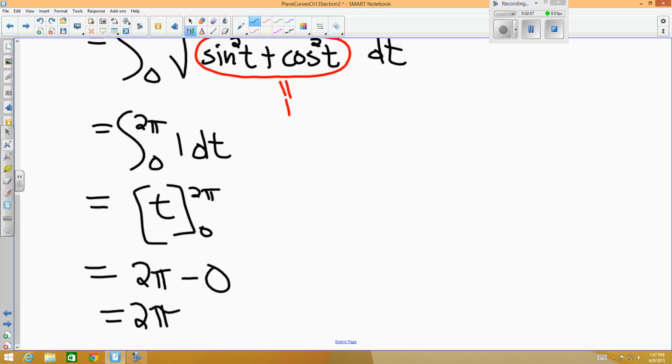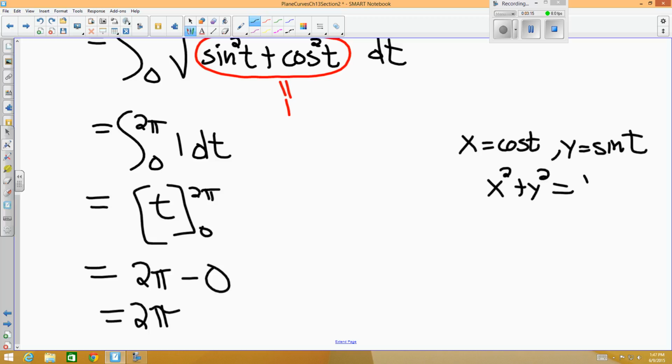That should make great sense, because if you look at this parameterization, x equals cosine of t, y equals sine of t, the rectangular equation for this parameterization is x squared plus y squared equals 1, which is the unit circle.